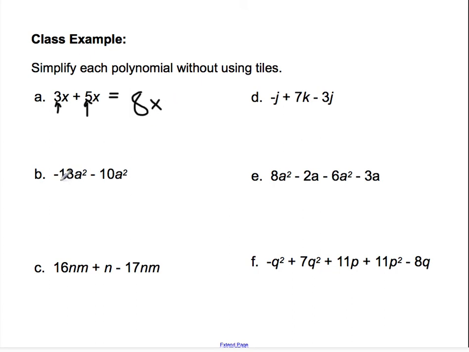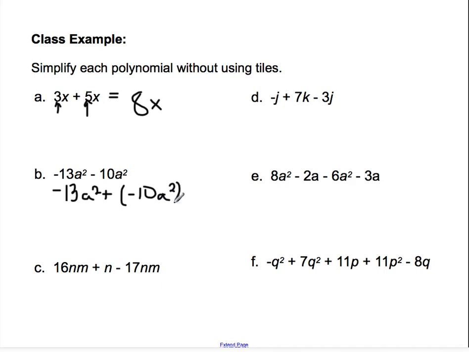Here I have negative 3y. Now if you have problems seeing the difference between a negative and subtraction, you can write all of your subtraction statements as addition statements.